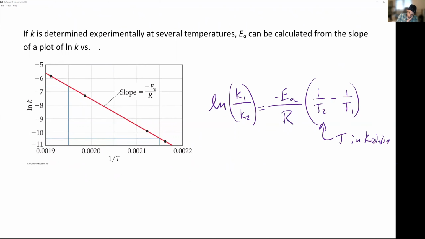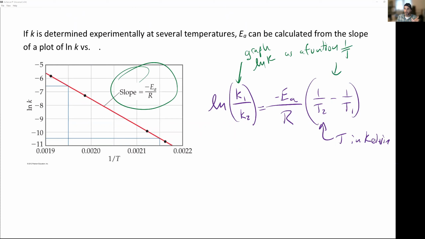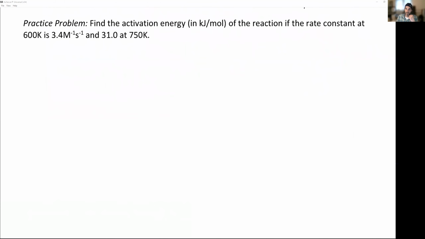And my slope in this case, because this is in the form of y equals mx, is equal to negative Ea over R. So if we can graph, and we're going to do this, the natural log of k as a function of 1 over T, we can determine our slope, and therefore our activation energy. So it's a good little thing to be able to do.